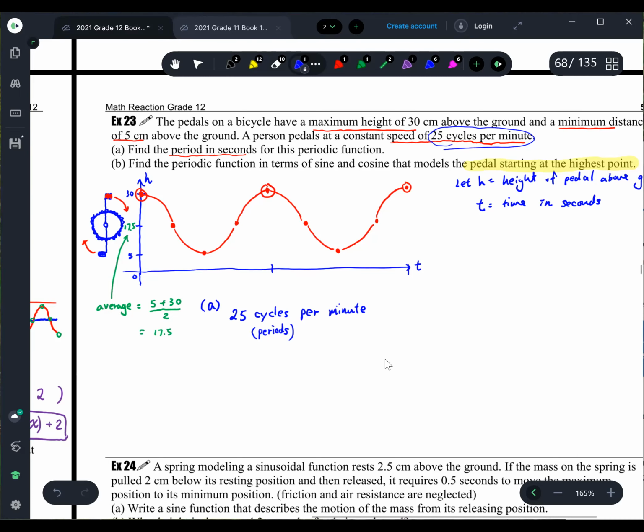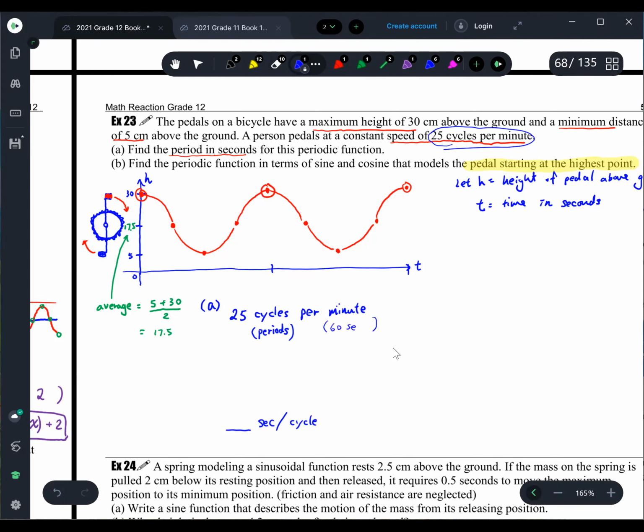Okay, please raise your hand if you found the answer. We are looking for how many seconds per cycle. 1 minute is 60 seconds, right?